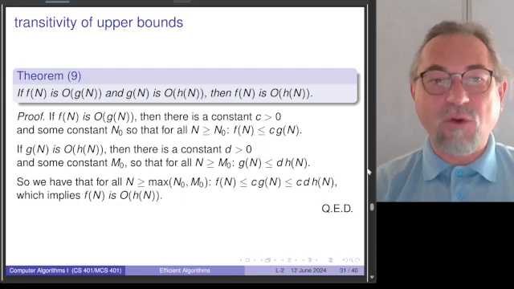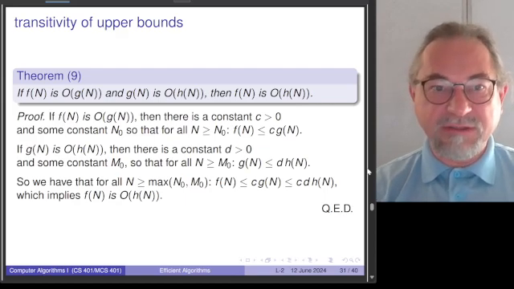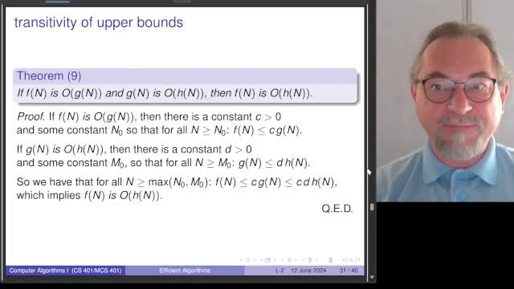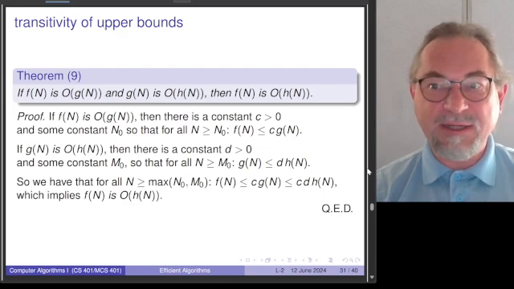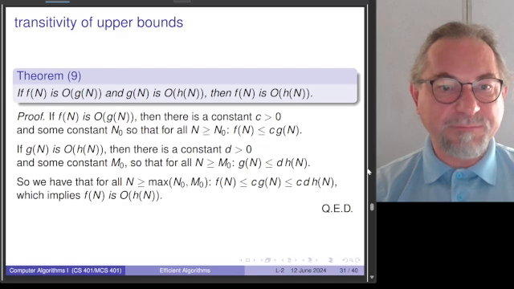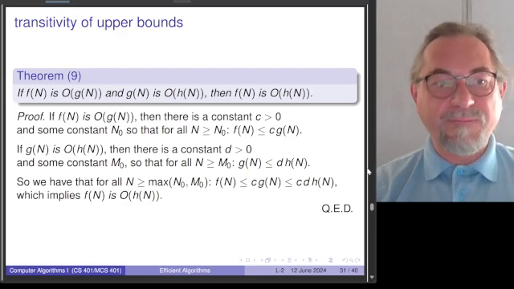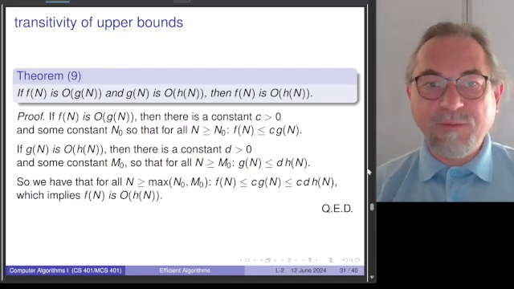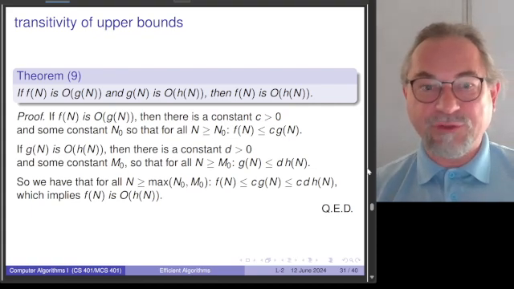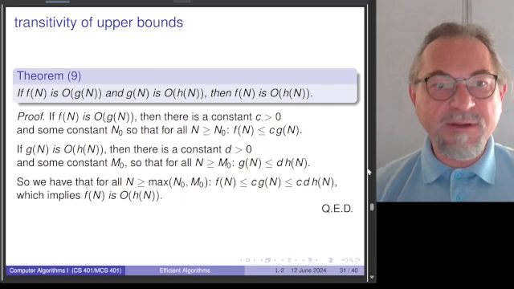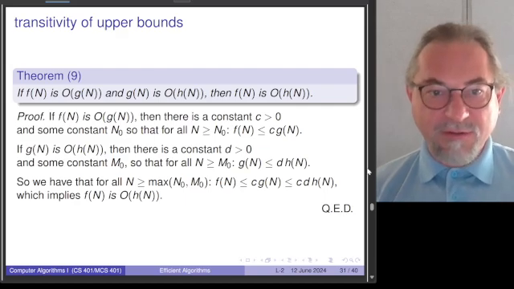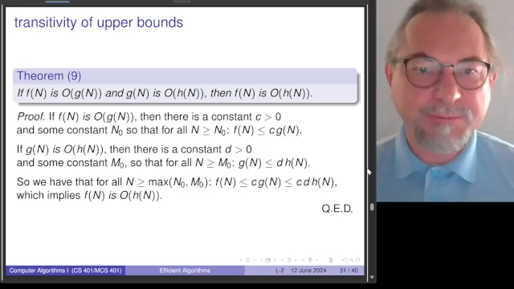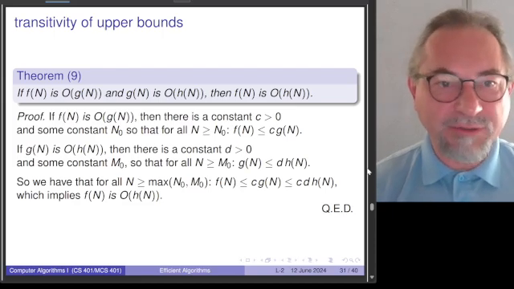So we have that for all input sizes larger than the constant N naught, our function f is bounded by the constant c times that g function. Now you do that too for the function g, but within the context of a proof, we shouldn't assume that we have the same constant, so we have to pick another letter for the constant d now, and we have a constant m naught. Okay, so this is the input.